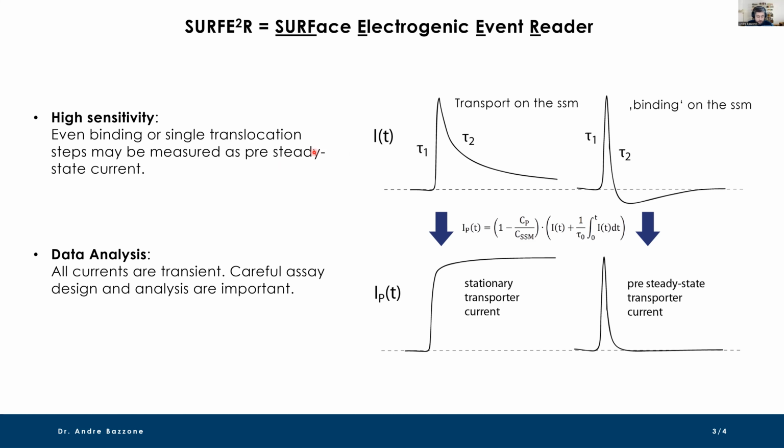So the challenge here is to do the data interpretation and data analysis, since all the currents recorded on the SURFER are transient, as shown here for a transport current and for a typical binding current. So you need to do careful control measurements to distinguish between transport and binding.